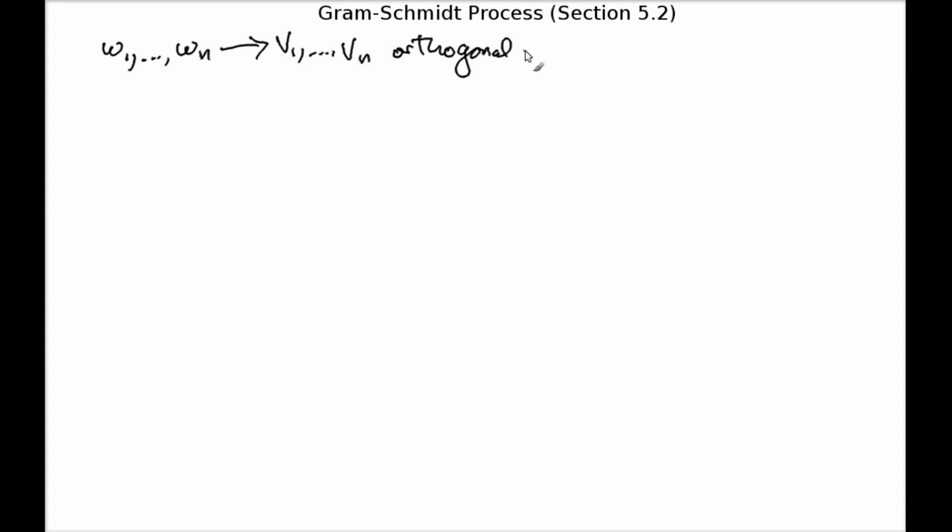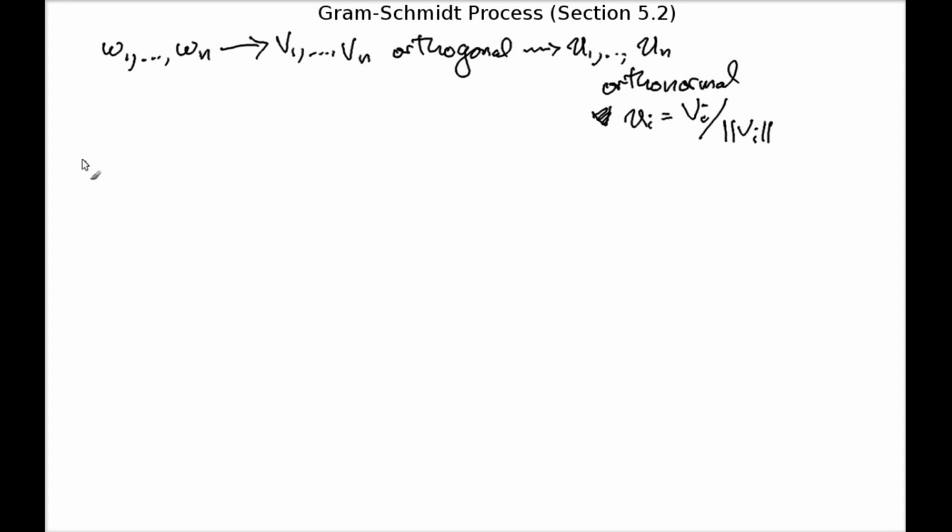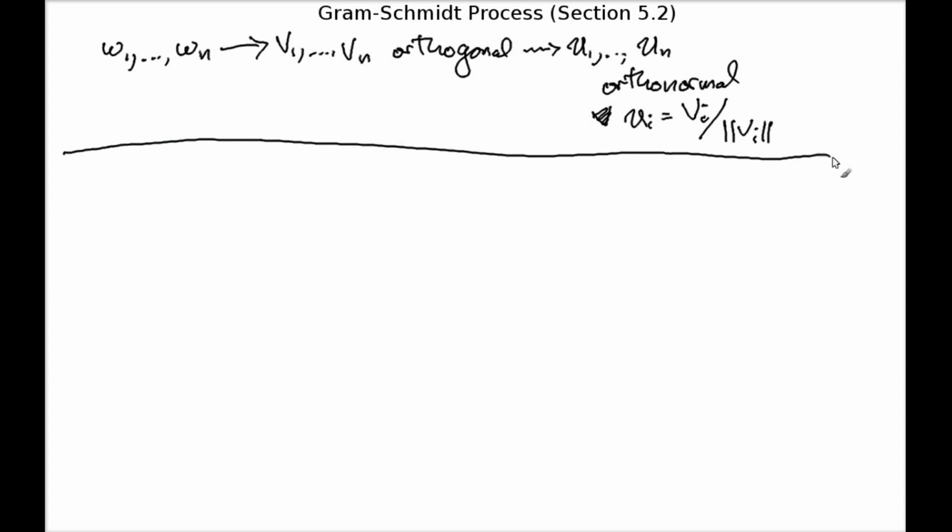And let me remind you that you could also have gone on to compute an actual orthonormal basis, U1 through Un. The normal part just requires taking Ui to be the normalized vector Vi. And, well, as I said, I'll do an example of this in class.